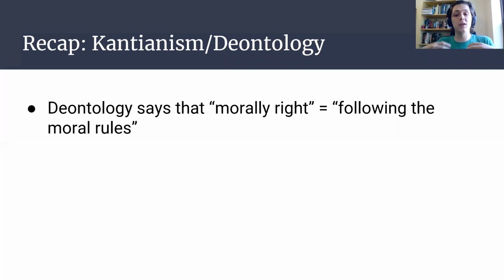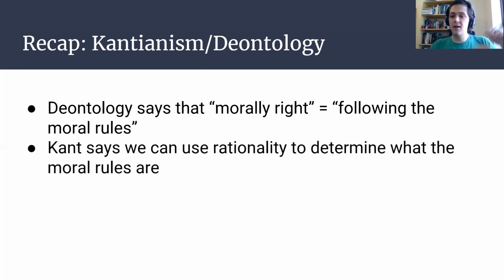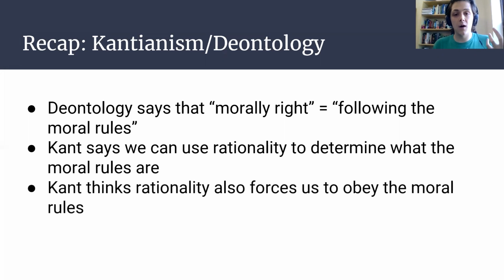You are doing something morally wrong if and only if you are breaking one of the moral rules. So we have some set of moral rules, and we are good as long as we follow them, and we're bad whenever we break them, morally speaking. And so Kant and Kantians, more generally, think we use rationality to determine what the moral rules are.